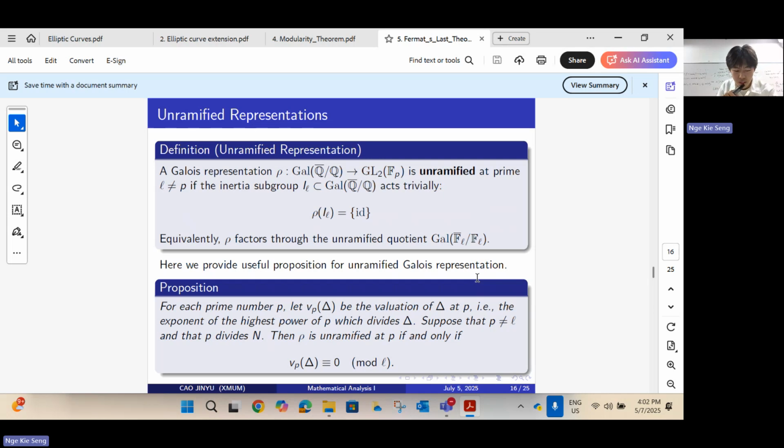But you just know it is a normal subgroup, and the quotient group determined by it is isomorphic to a residual Galois group, over a residual field.